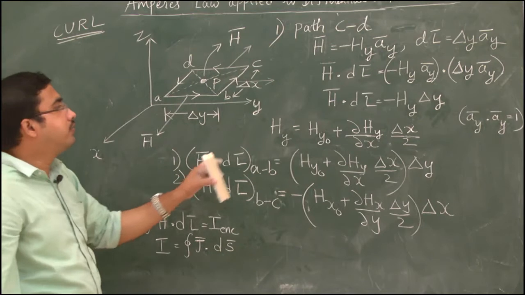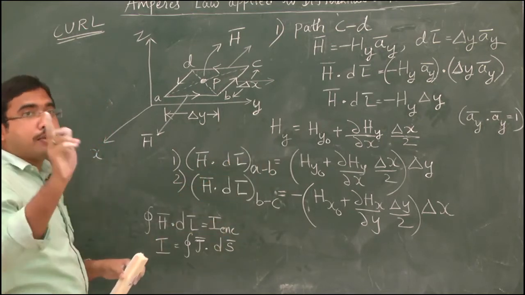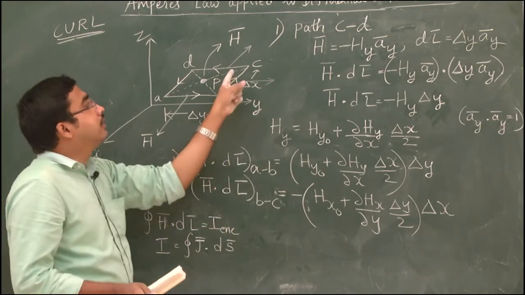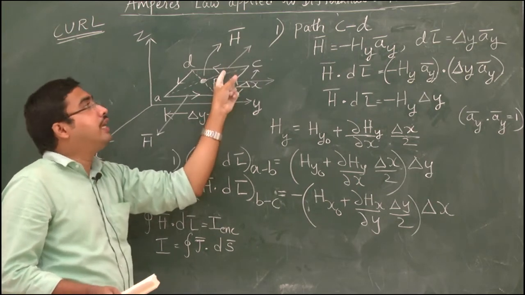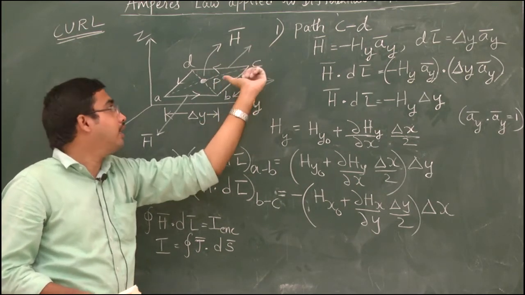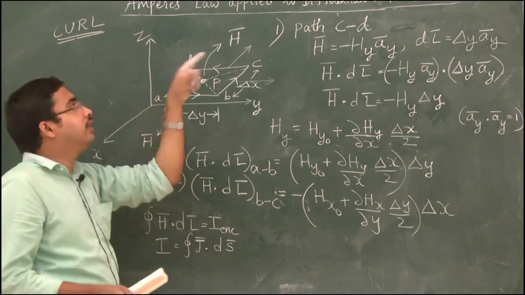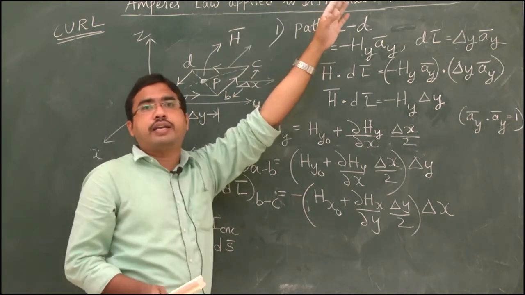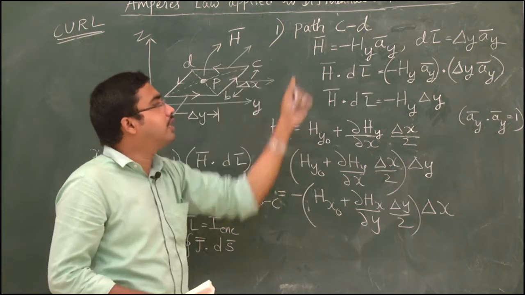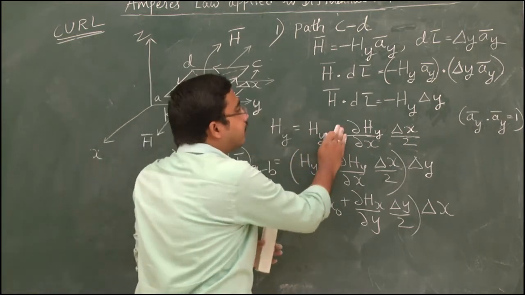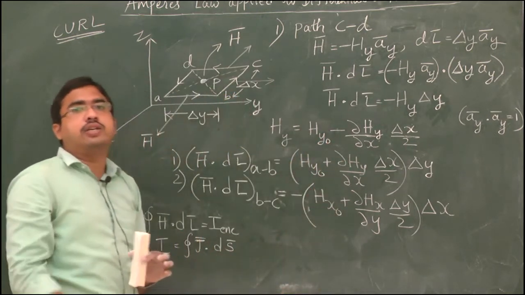This is the expression for hy. And you observe one thing: here this h bar is varying in which direction? Not in the positive x-axis direction, but in the negative x-axis direction. Negative x-axis direction means the rate of change should be kept with a negative sign.